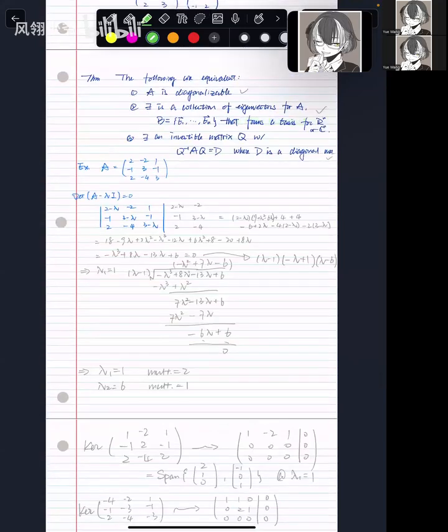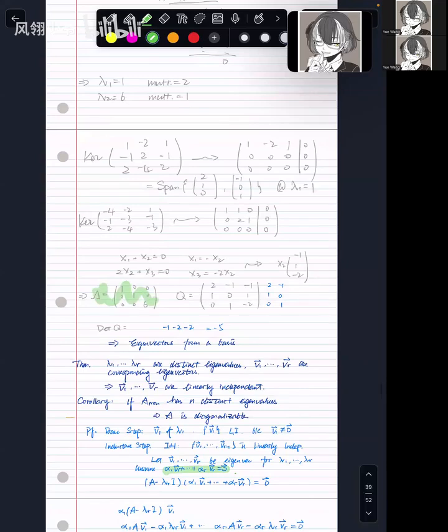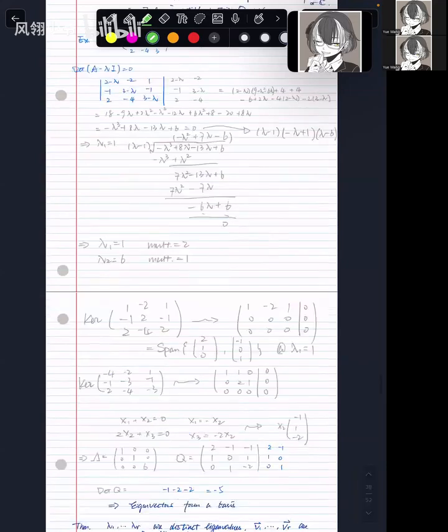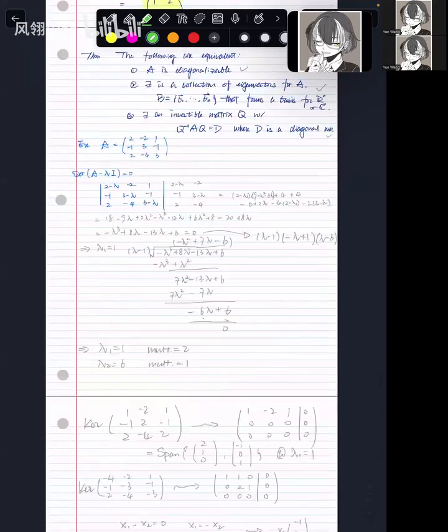And we can also find a Q and Q inverse so that A is similar to a diagonal matrix D. That's our lambda right here. Okay, so this matrix verified all three statements.